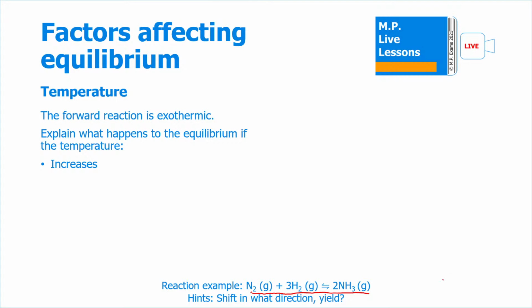Before we do this, we need to label it. So the forward reaction is exothermic. That means the backward reaction is endothermic. So forward is exothermic, backwards is endothermic. So if the temperature increases, the system counteracts by decreasing the temperature.